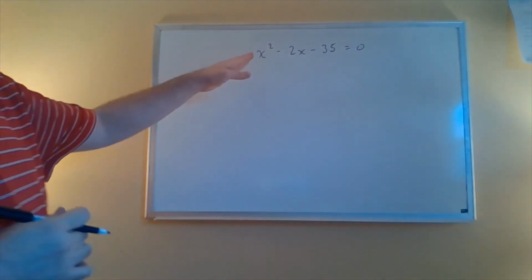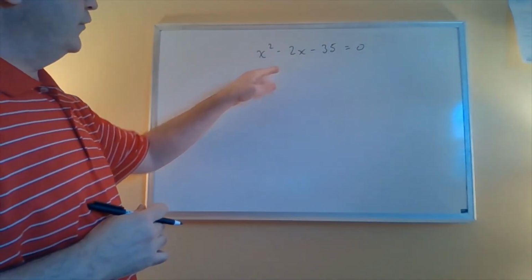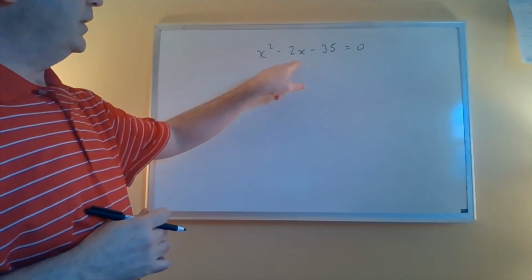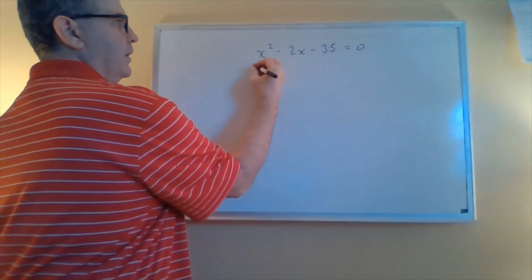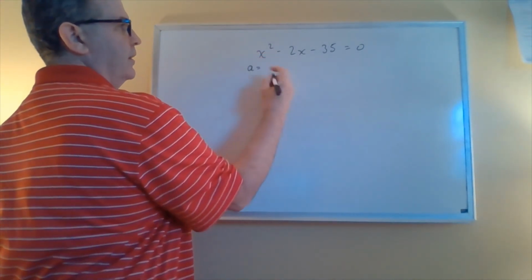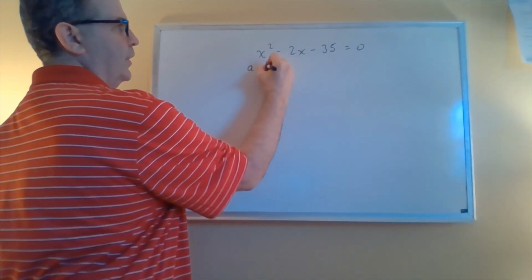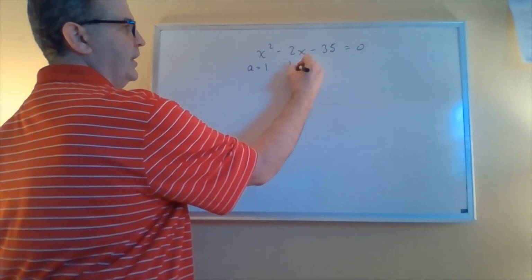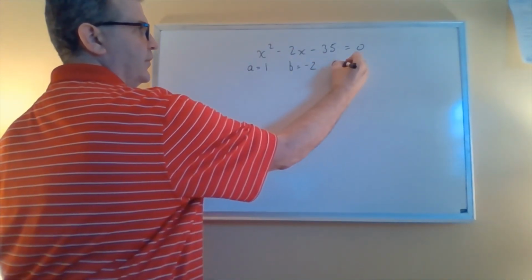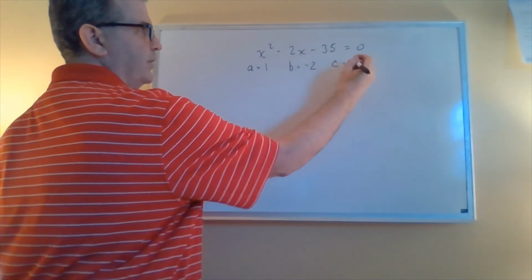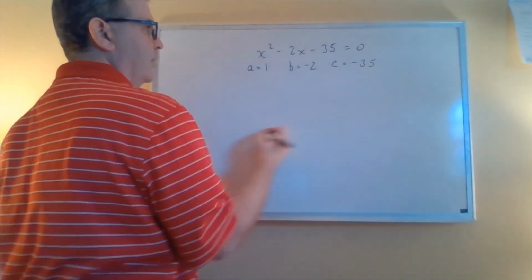We have to make sure it's written in standard form, ax squared plus bx plus c equals 0. Fantastic, we're in standard form here. So what's our a? It's the coefficient that goes along with x squared, or 1. What's our b? That's the coefficient with our x term, which is negative 2. And what's our c? That's our number here with its sign, negative 35.